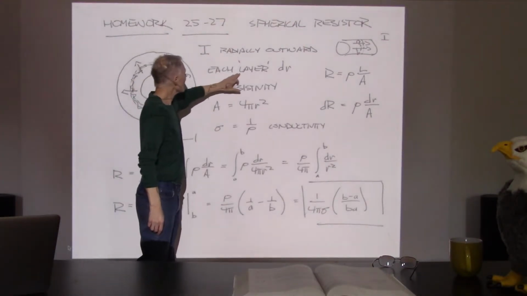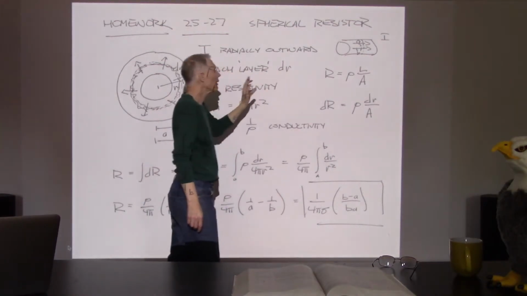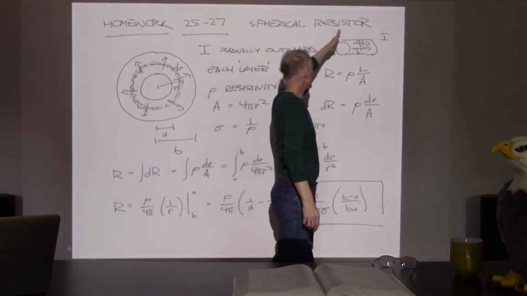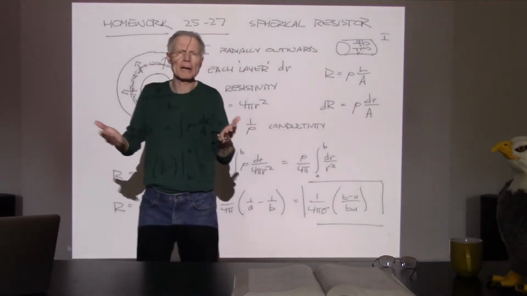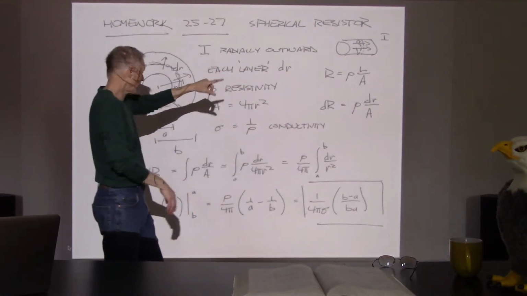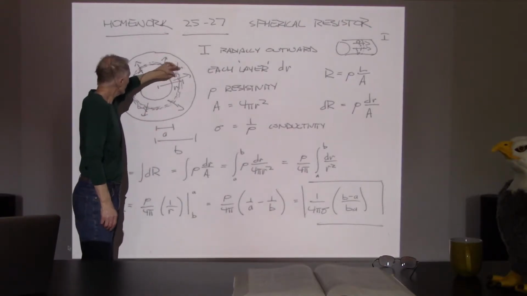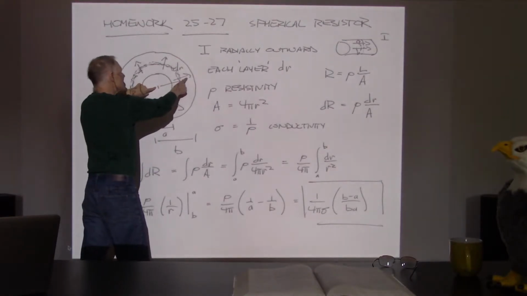And then each one of these layers we pass through has a thickness of dr. Over here, if we had divided this up into a bunch of layers, each one we would say is like dx, right? But this time we're going to use r because it's a spherical resistor. And so I'm going to measure from the center out to each successive layer.